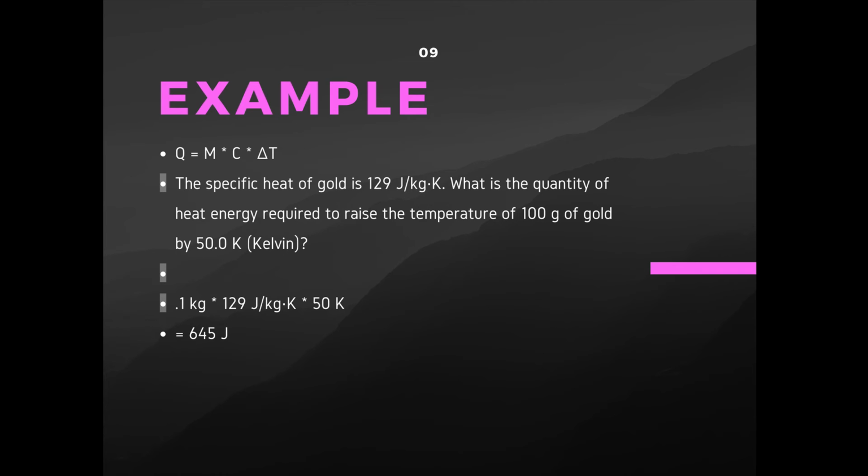Next, you would take the specific heat of 129 and the change in temperature, which is 50 degrees Kelvin. You would multiply them together, put them in your calculator, and you would get 645 joules, which means it would take 645 joules to raise 100 grams of gold by 50 degrees Kelvin.